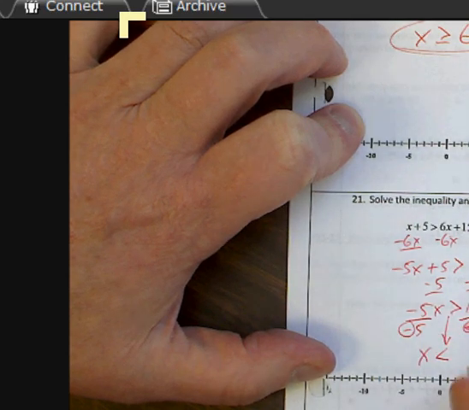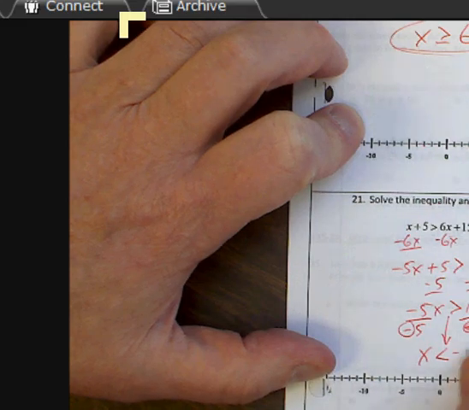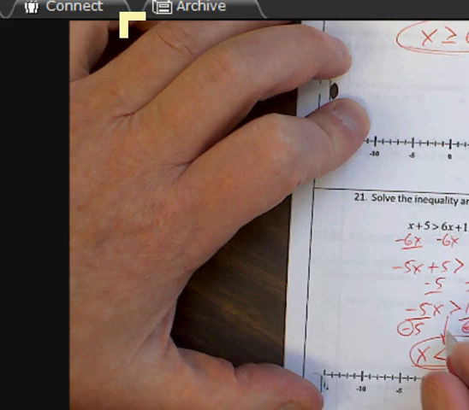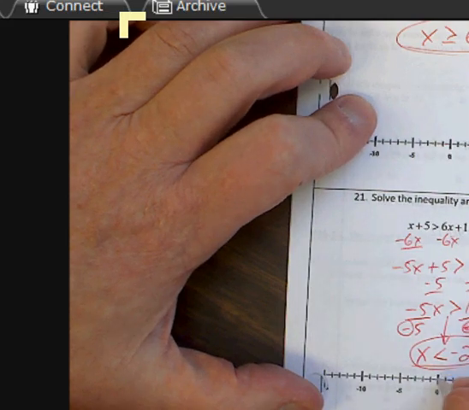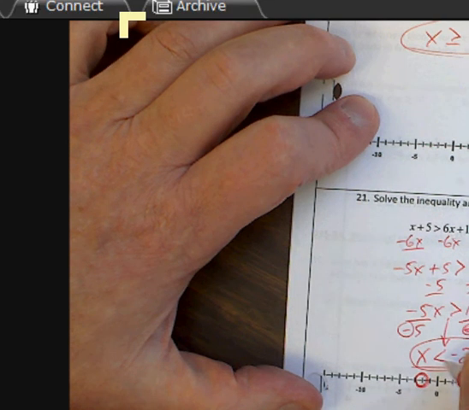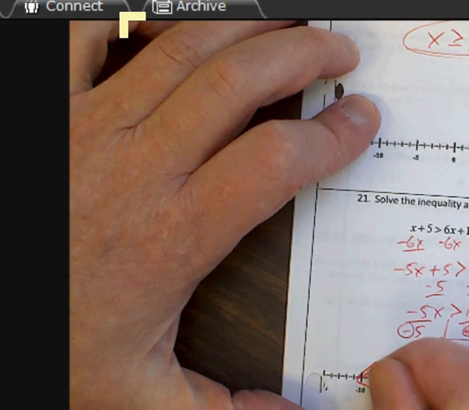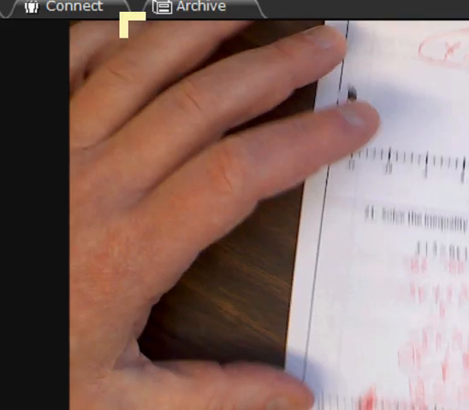This turns into x less than. 10 divided by negative 5 is a negative 2. So I go to negative 2. Since it's just a less than sign, I put an open circle at negative 2. Since it's pointing this way, I shade that way. Alright, that's part one of the odds.